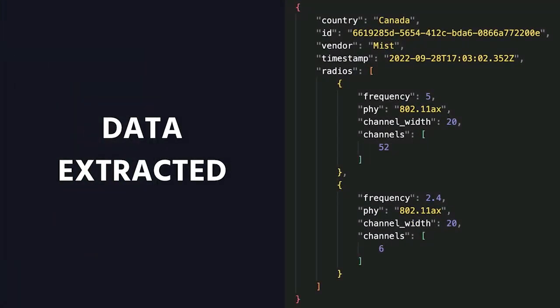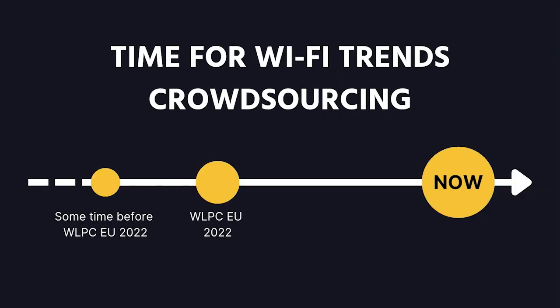It comes from the project file, so if you upload a project file from 2016, it's going to show 2016 in there. Then for each radio, we get the frequency, the PHY, the channel width, and the channels, or the channel, depending on how wide the channel is. So that brings us to here today.